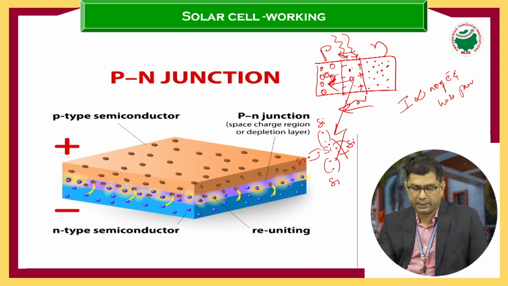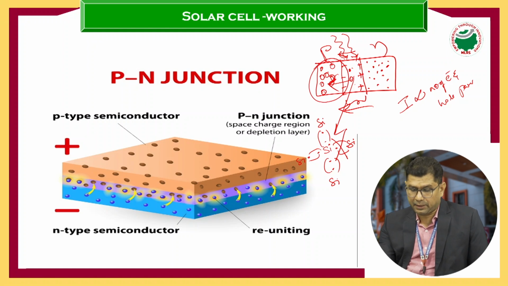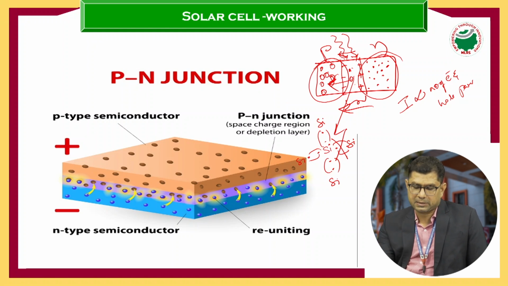Then again, if you increase the intensity of the light, what happens is that on the P side there are already many positively charged carriers, and on the N side many negatively charged carriers. After certain intervals of time, the electron is repelled by the negative charge back towards the same side.